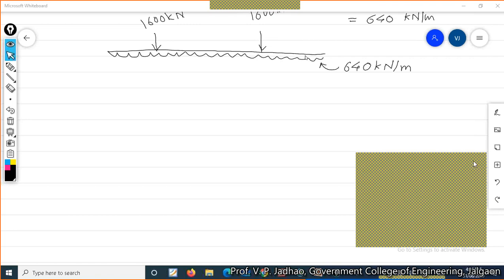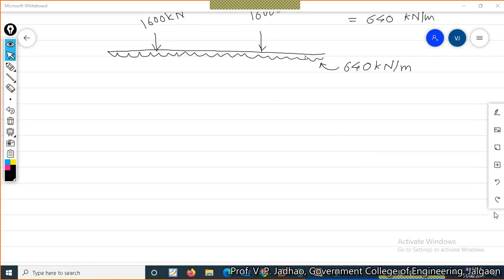So we have to design this footing as a beam having this portion as cantilever portion, and this portion again as a cantilever portion, whereas this middle portion is supported on two columns.